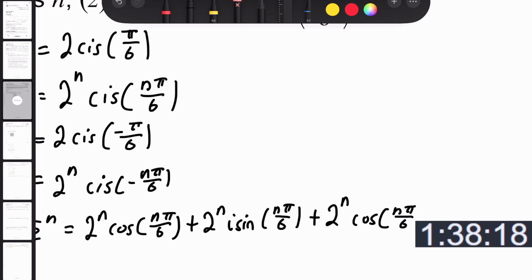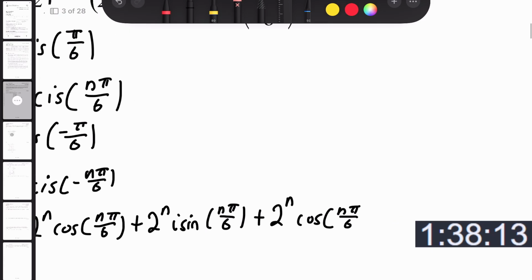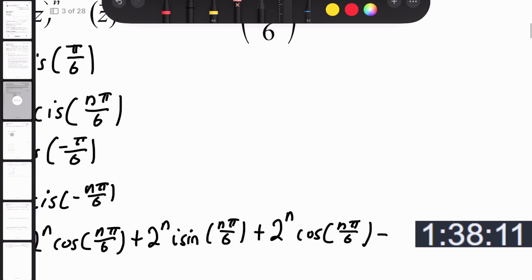Is that minus? No. Cosine of negative is still positive. And then minus.